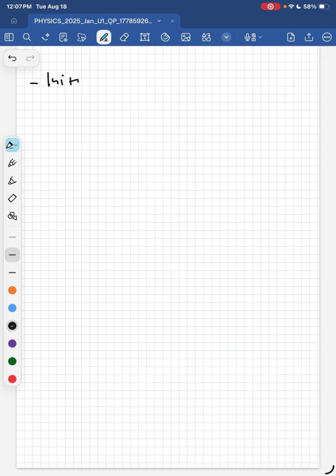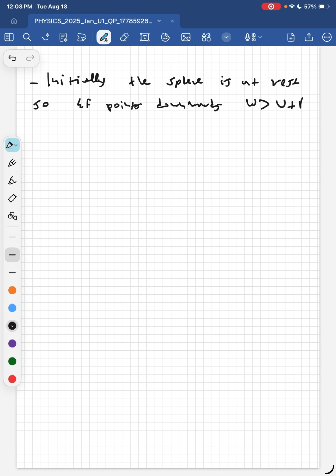Initially, the sphere is at rest. So sigma F points downwards, and the weight is larger than the upthrust plus the drag force.